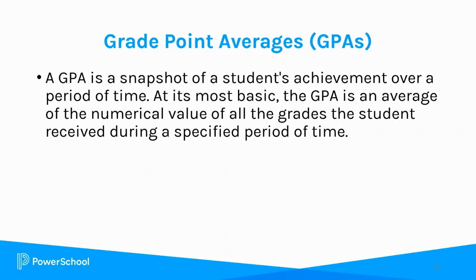The one place where GPAs are stored is with the class rank record, if you have a class rank. But if you open up, say, the student screens, those GPAs aren't stored anywhere. It is done on the fly.